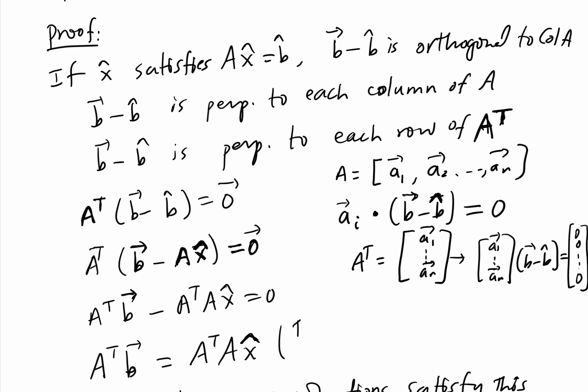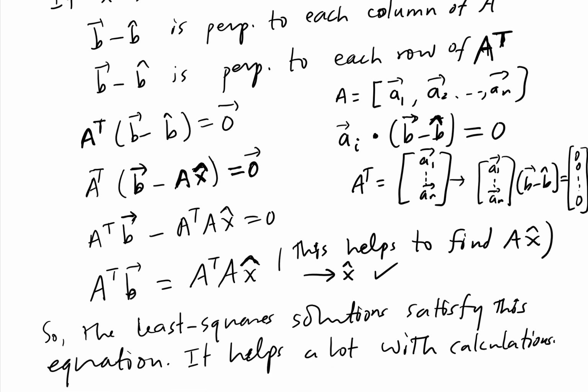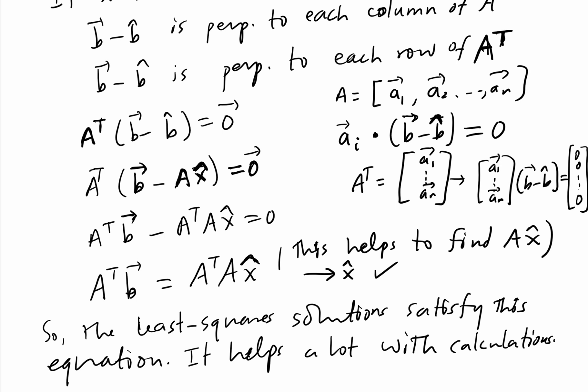So this helps. This is like a method or a strategy that helps to find A x hat, and from here we can find x hat. So the least squares solution satisfies this equation. It helps a lot with calculations when it comes to finding x hat.